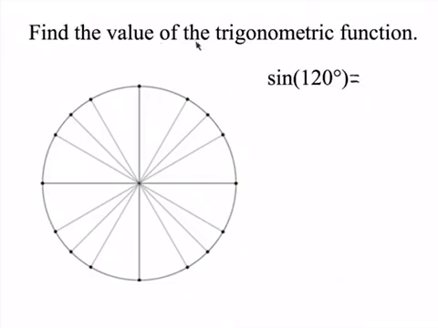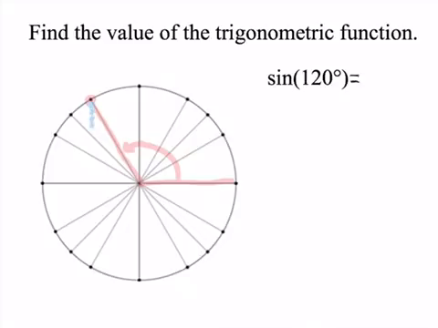I want to find the value of this trig function. First thing I want to do on my unit circle is to find 120 degrees. Okay, so 120 degrees starts here, and we're going to wrap around. That's 90, 120 is right there. Now, I want sine of 120 degrees.